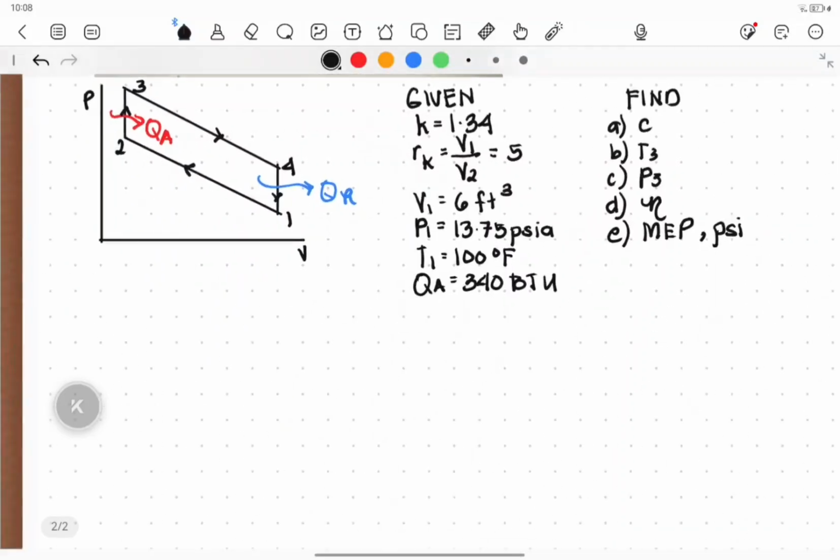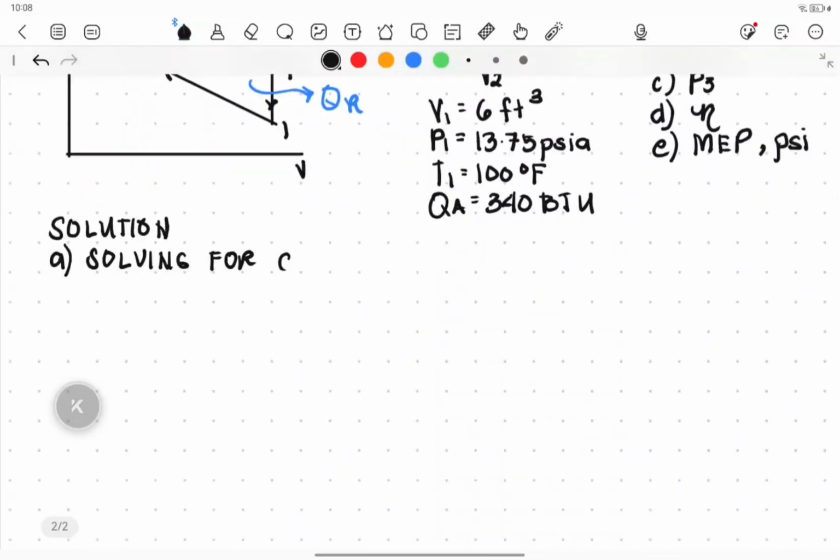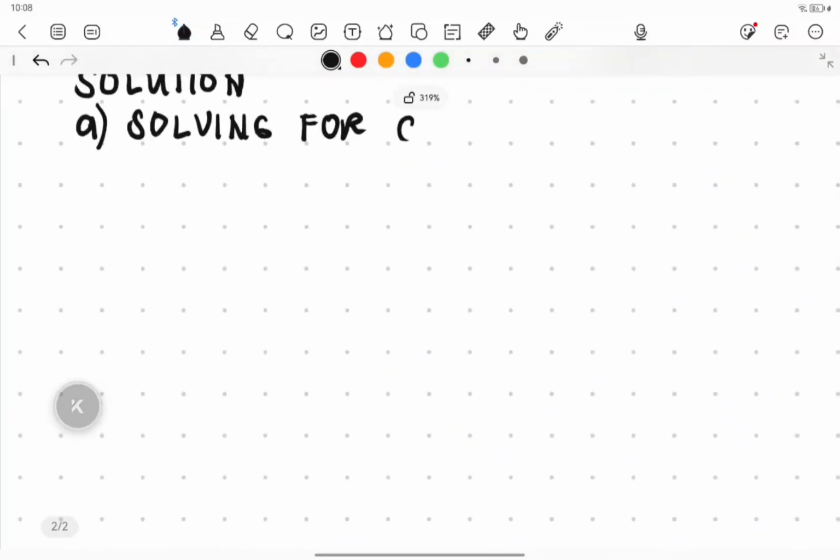Now let us answer. First, solving for A. So for our solution, we have to indicate what we are going to find. So for letter A, we have to solve for C, the clearance. We have a formula for clearance, and it is basically 1 over RK minus 1.